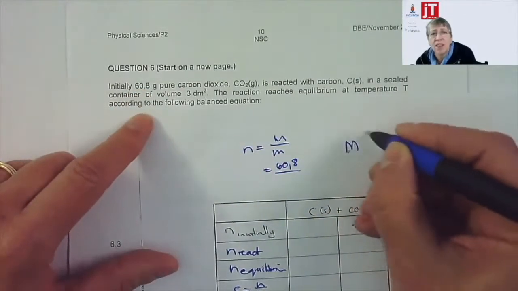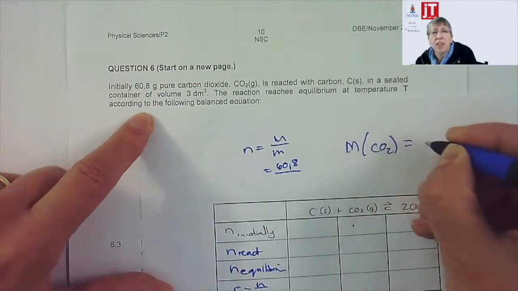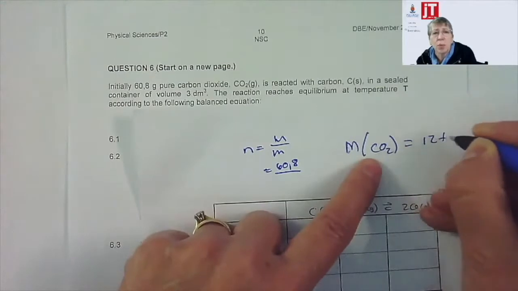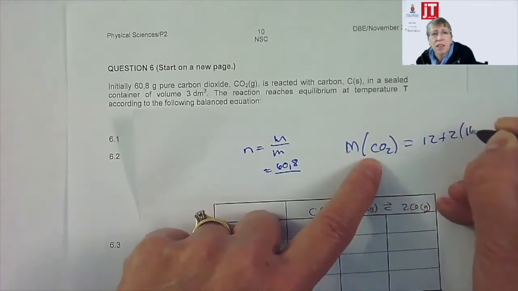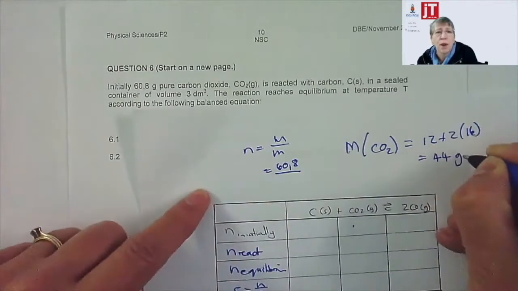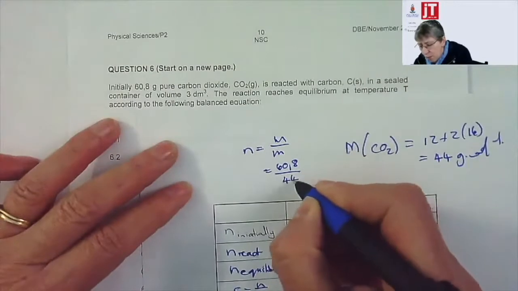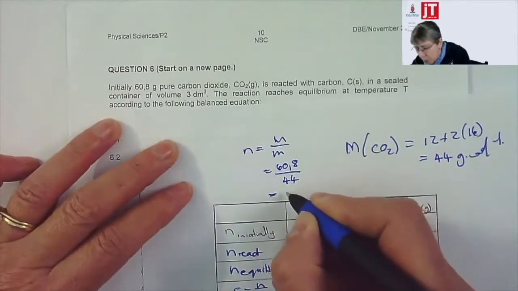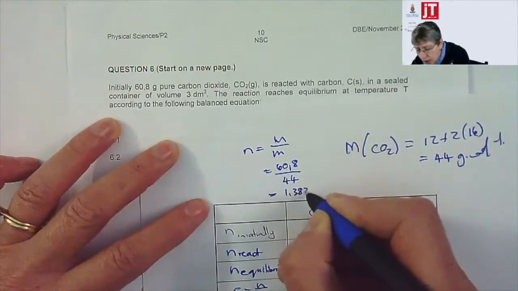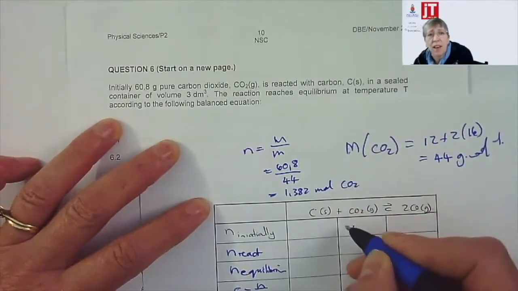Go to the periodic table, and we're looking at the molar mass for CO2. That would be 12 for the carbon and 2 times 16 for the oxygen, and I end up with 44 grams per mole, right? Okay, and if you divide by 44 there, you end up with 1.382 moles, and that is now of CO2, and that is at the beginning.